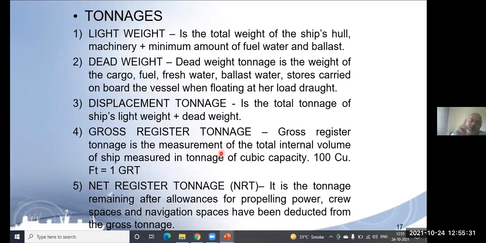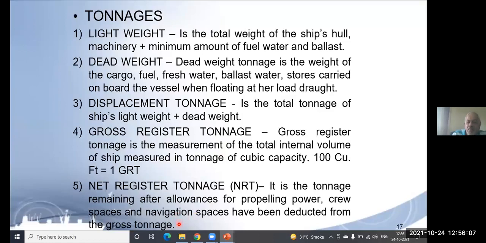Whatever answer you get, suppose you have 100 cubic feet volume of the ship, divide by 100, how much will it be? 1, sir. So the ship's GRT is 1, 1 gross registered tonnage. It is not a measurement of weight, but it is still called a ton, gross registered ton. Thank you, sir.